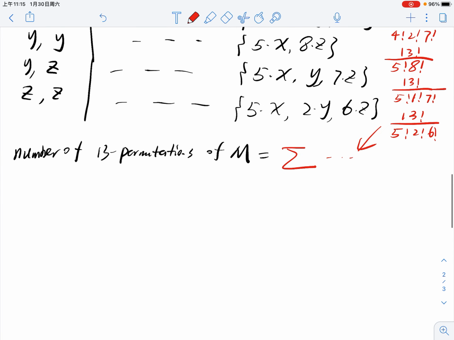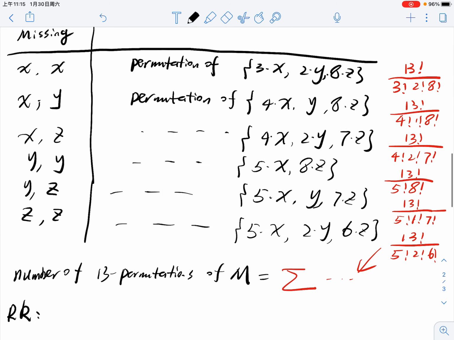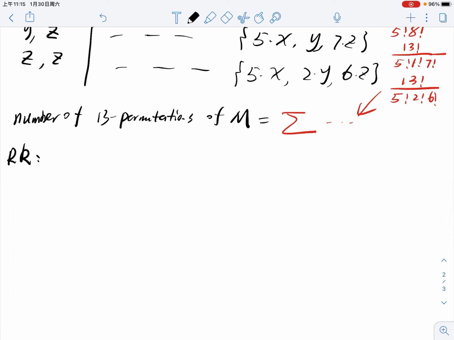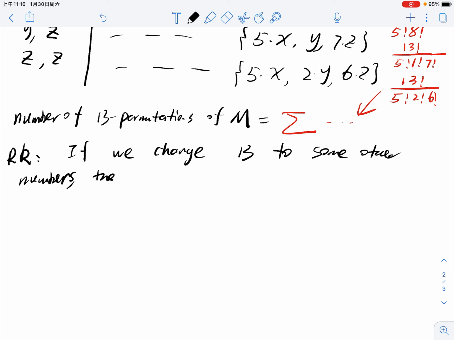Okay, and a small remark: if we change 13 to some other number, the situation will be slightly different.